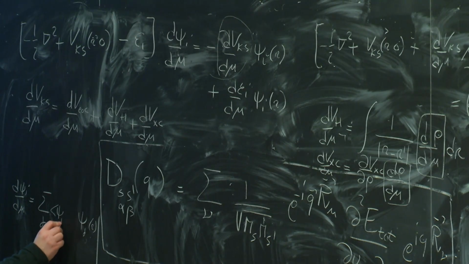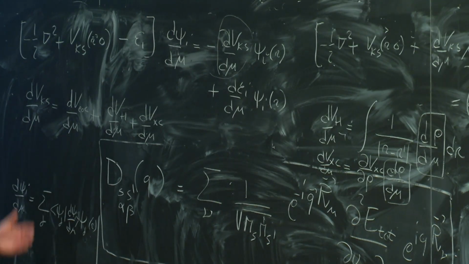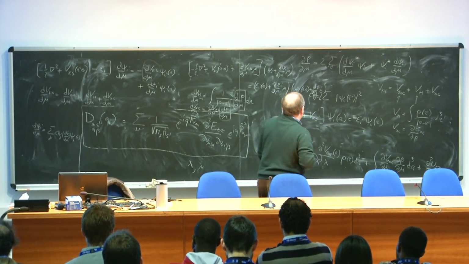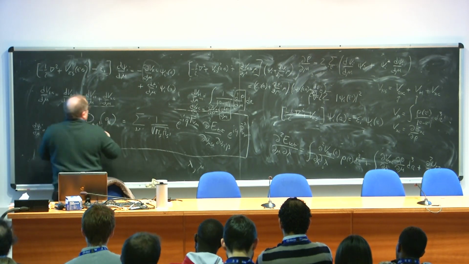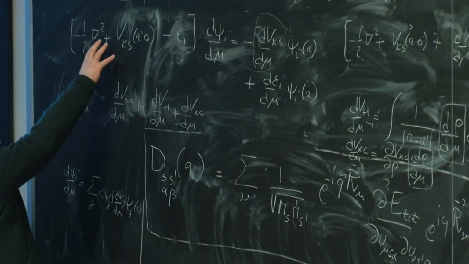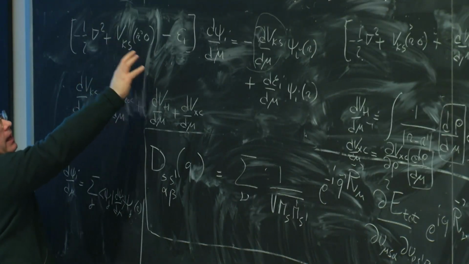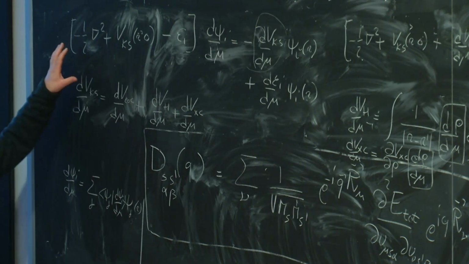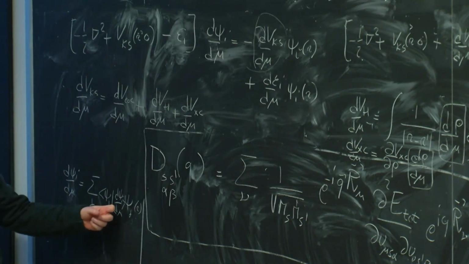You can write it like this, sum over j of Cj psi j. In this sum, you should sum over all the occupied and empty bands. All the states, the solutions of the Kohn-Sham problem, are a complete basis for the space. But you see that on the wave function psi i, this term gives epsilon i, and this is epsilon i minus epsilon i, which is 0. It means that from this linear system, you cannot get the projection of the change of the wave function on the wave function itself.